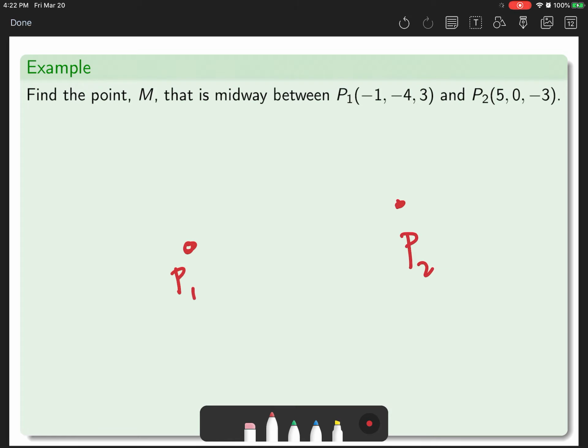So here's the plan. We find a vector going from P1 to P2. We'll call that vector V. But then we're going to do P1 plus, not all of V, but 1/2 of V, and P1 plus 1/2 of V will take us to the point where we want to be.